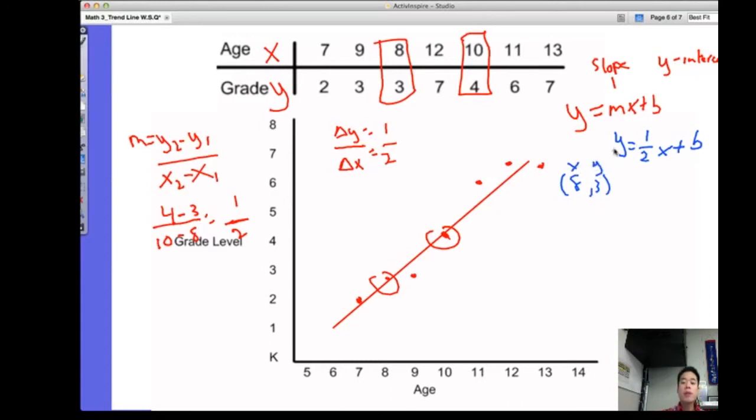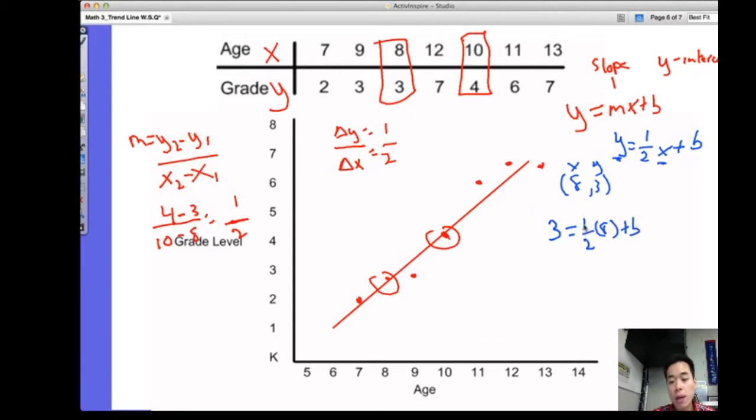The reason why I want to do that is if you see on your equation, all you have left is b. And then from here you can solve doing the substitution method, you can do the undo table, whatever you want. I'm going to do the substitution method, or the balancing method. 1/2 times 8 is 4, so 4 plus b is equal to 3, because this is my order of operations right here.